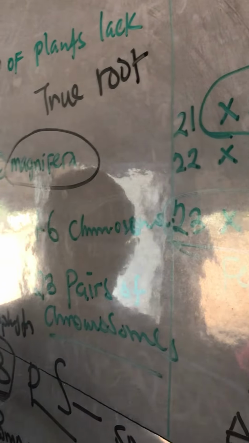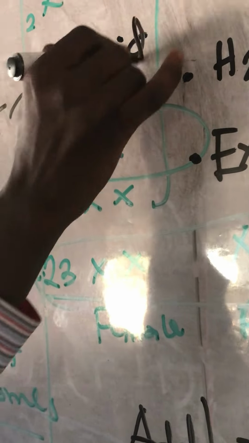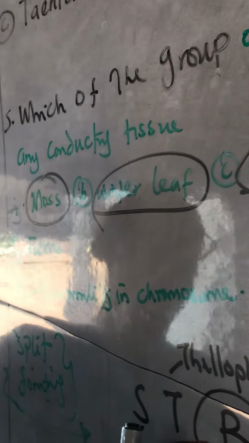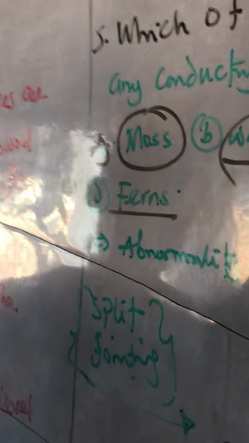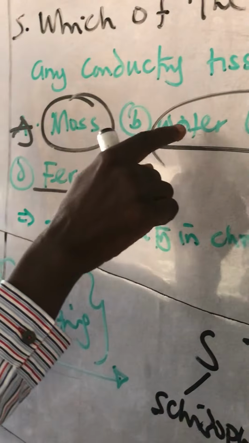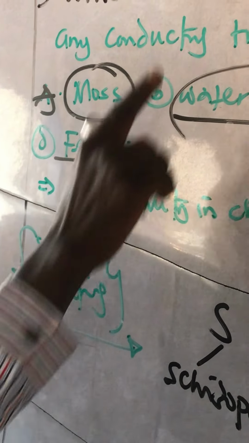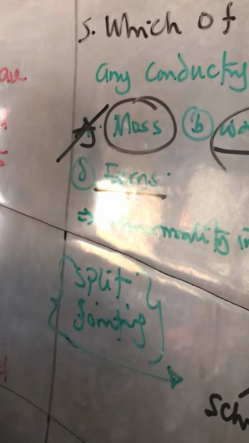The root of the Bryophyta is referred to as the rhizoid. So, since we said the Bryophyta does not have the conducting tissue, an example of those Bryophyta is the moss. All these, the water leaf, Mangifera indica, and the ferns, they all have what we refer to as the conducting tissue. Our answer, moss, is the correct answer.